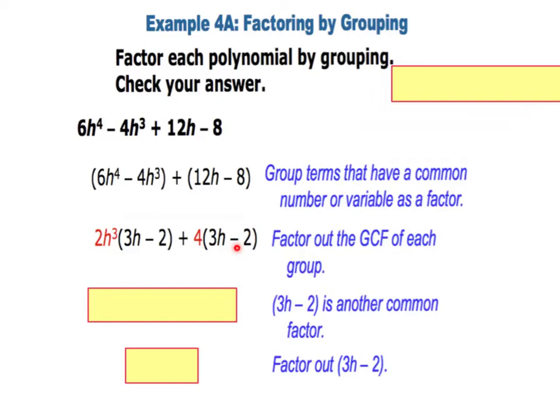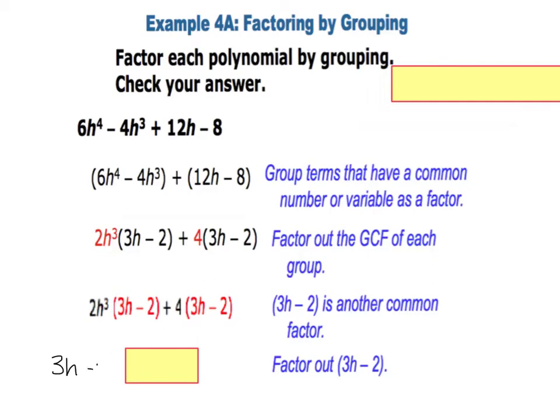So I'm going to factor it out. Let me uncover this, and it shows it all highlighted. So here we see the common binomial factors. Now I'm going to factor that out, which means I am going to pull out that 3h minus 2, and then what is left? Well, let's think about this a second.